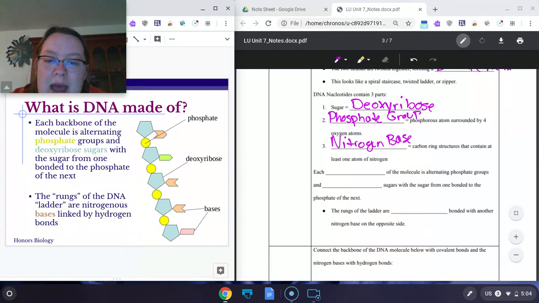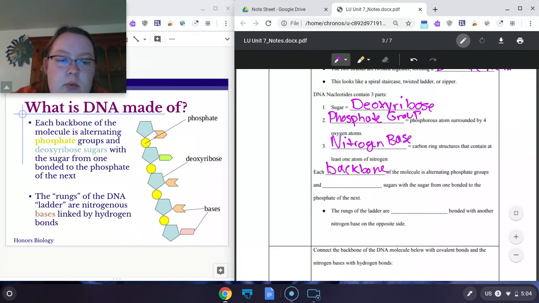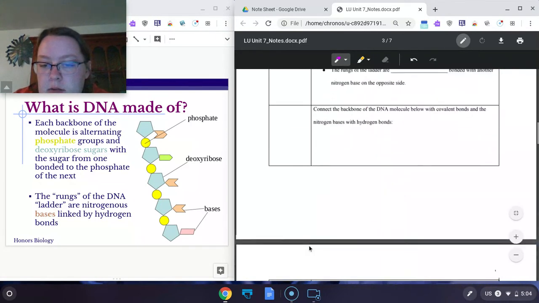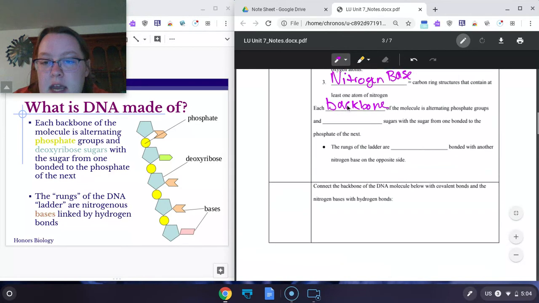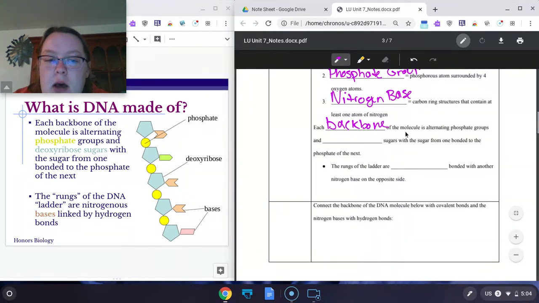So each backbone, or side of the DNA, is made up of alternating phosphate groups and deoxyribose sugars.